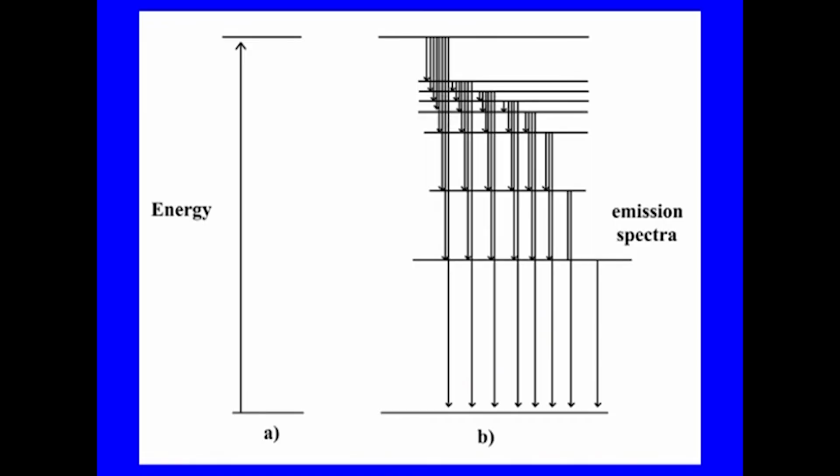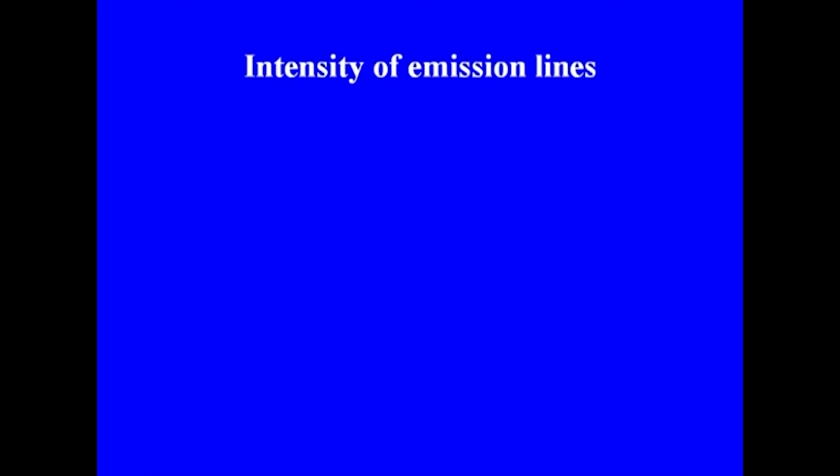So, this looks like emission spectra, where they come down to the ground state, and lots of different types of spectral lines will be emitted, which will be recorded. Now, the intensity of emission lines gives a quantitative measurement, and this provides an indication of how many atoms are present in there.